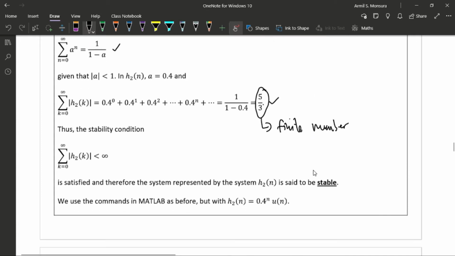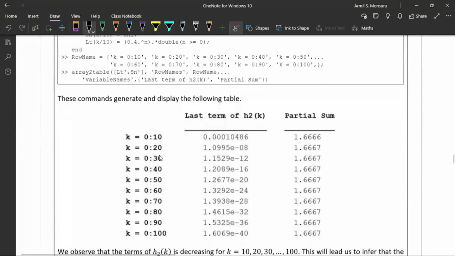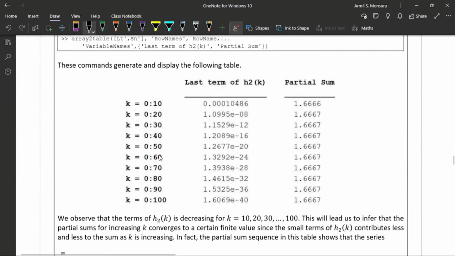Thus, it indicates that our stability condition is satisfied. Now, if you use MATLAB and these commands, you can evaluate the partial sums of the terms of H2 as we increase the number of terms.